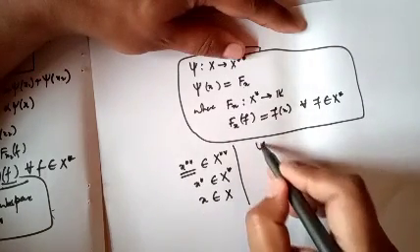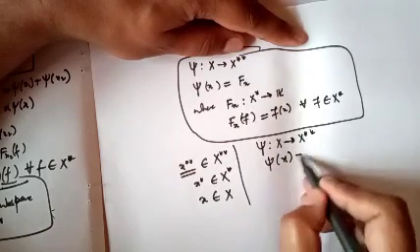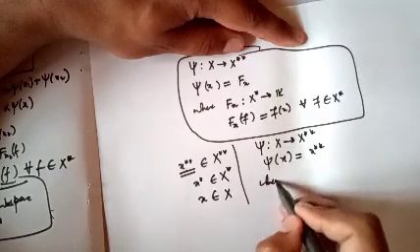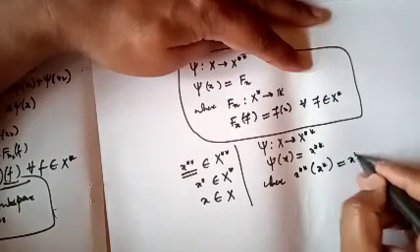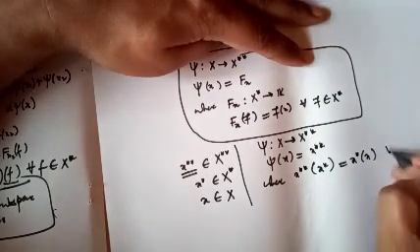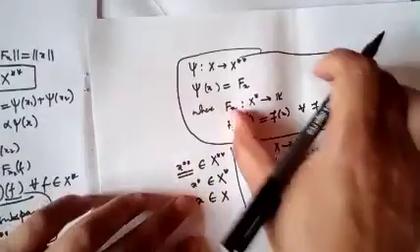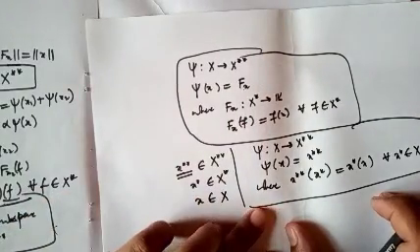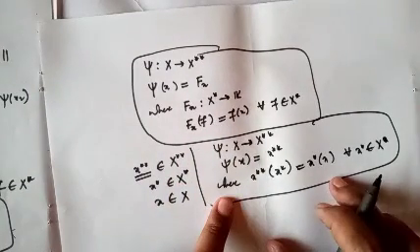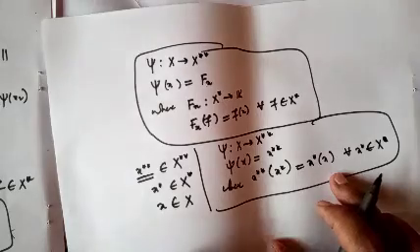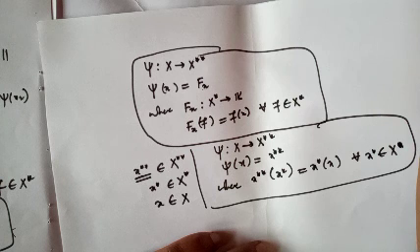So my canonical mapping would be from x to x double star, such that psi of x is equal to x double star, where x double star at x star is equal to x star evaluated at x, for all x star belonging to x star. This is writing the same thing in another notation, so just keep that in mind. It will be used again and again in your unit two and unit three, whatever you do ahead, this will be used a lot.